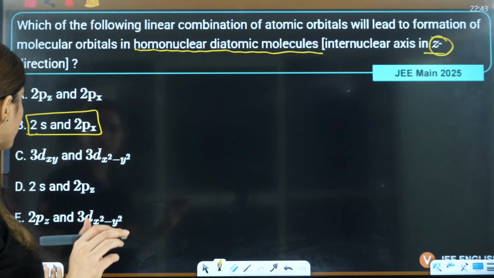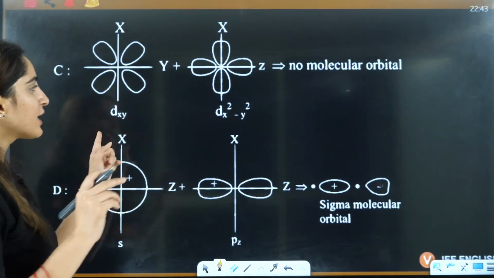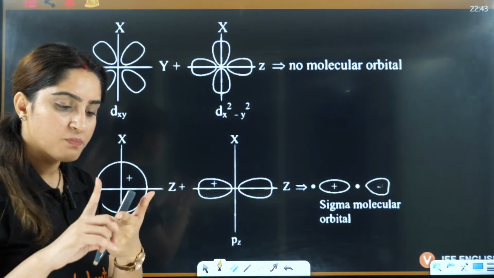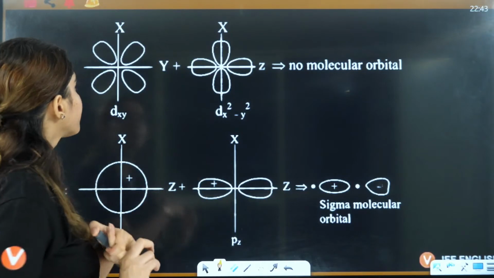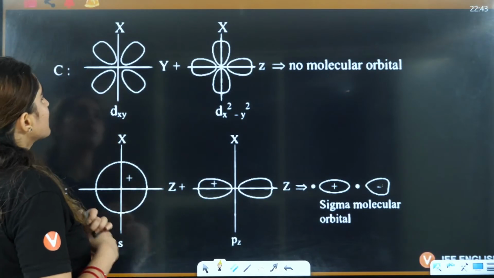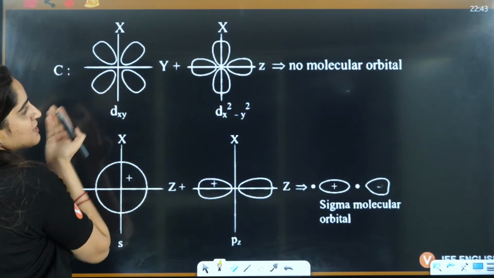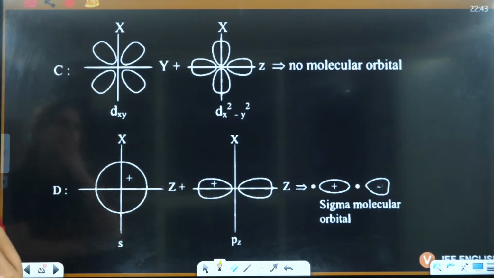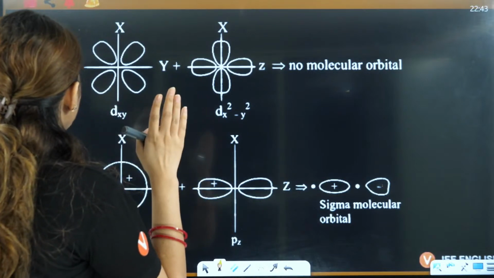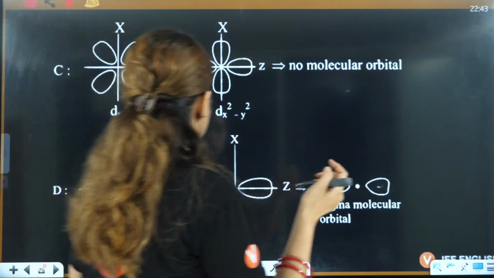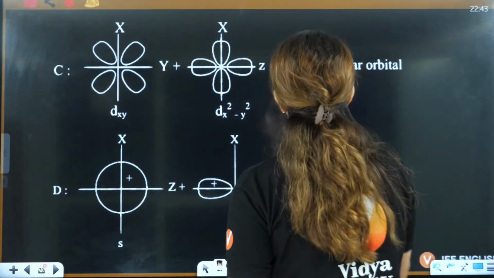Now, the third one is dxy and dx square minus y square. So dx square minus y square is having the same energy. Now, along the z-axis you need to have it. So let's say this is y and this will be the z-axis, and this is x and this is z. Wait a minute, this will not be z, x square minus y square, this is also y.